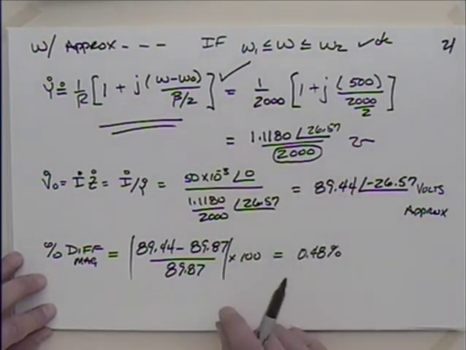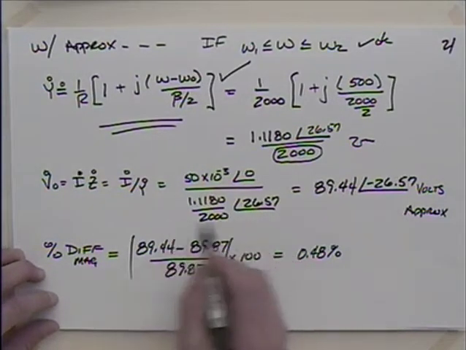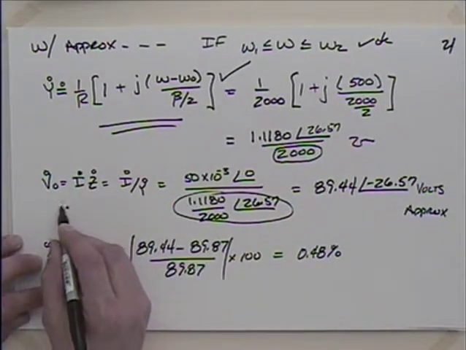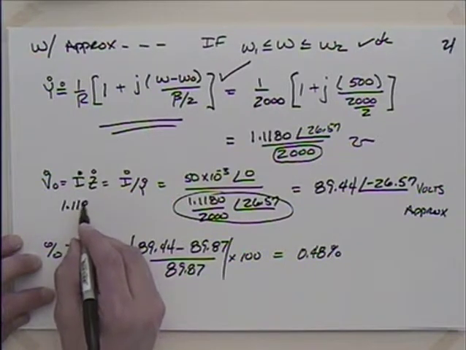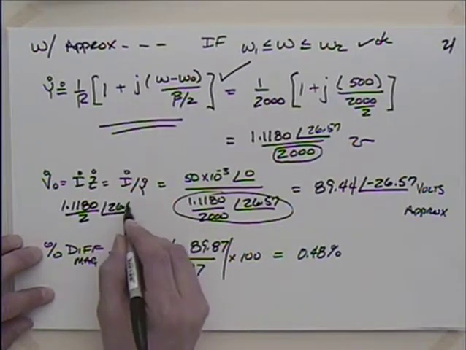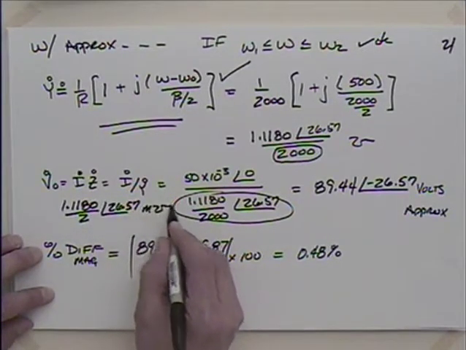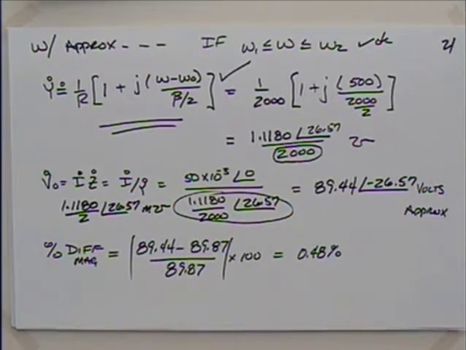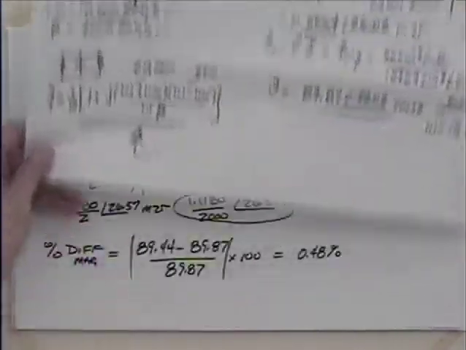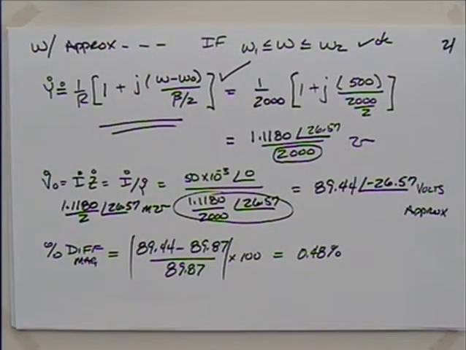So I could have, if I wanted to, said that this was 1.1180 divided by 2 at 26.57, and then that would have been millisiemens, which is fairly close to what I had last time. What was I trying to pawn off last time? 0.564 milli, yeah, so we're pretty close to that. Other questions? Okay.